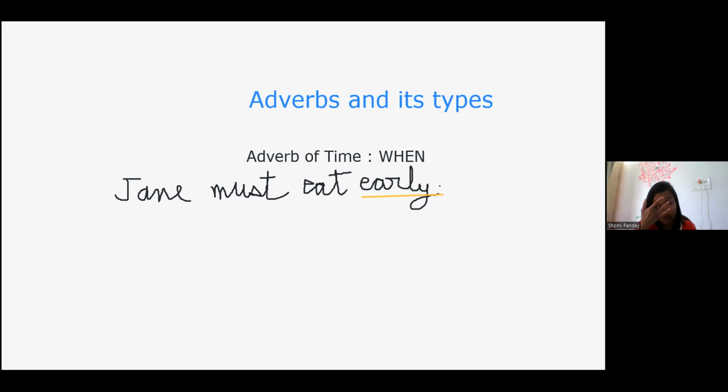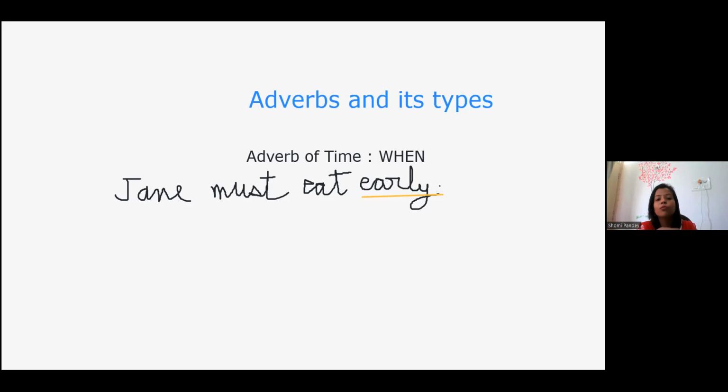So my question was, how was your day yesterday? So yesterday is denoting what? It is denoting time. Time in itself talks about when, probably what time of the day.